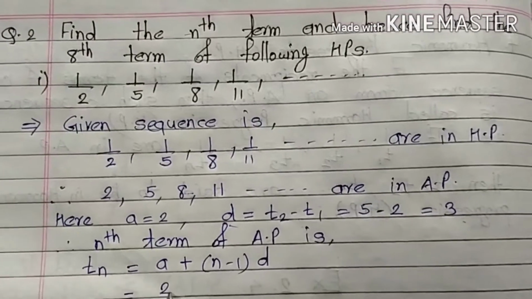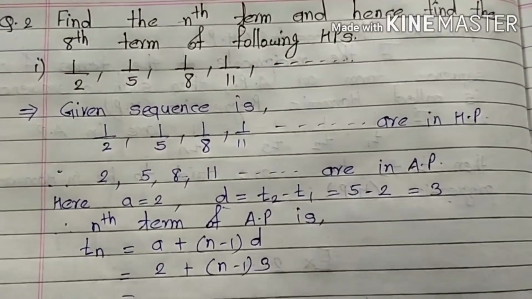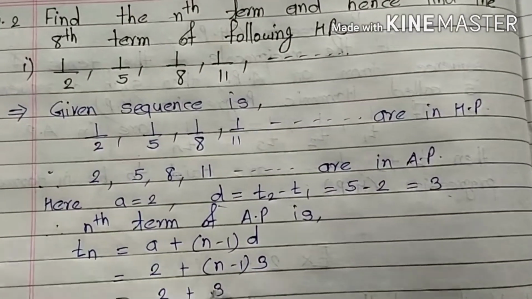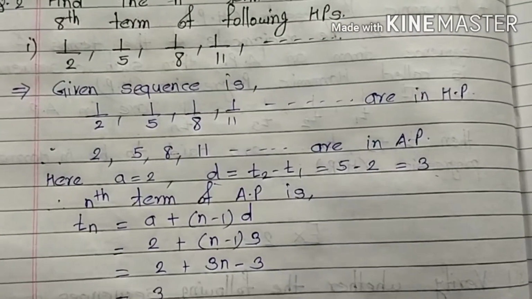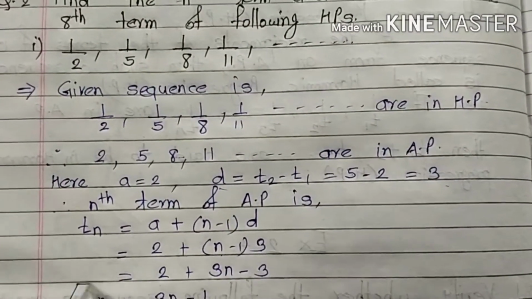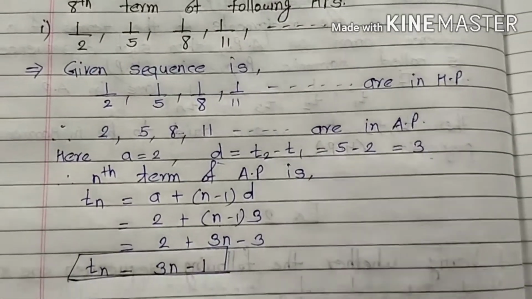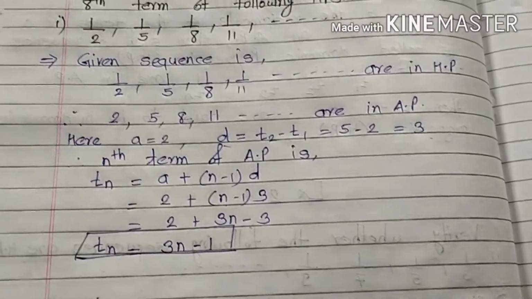So a is equal to 2 plus (n minus 1) into 3, which is equal to 2 plus 3n minus 3, multiplying 3 in the bracket. So we get 3n minus 1, means Tn is equal to 3n minus 1. So this is the nth term of AP.